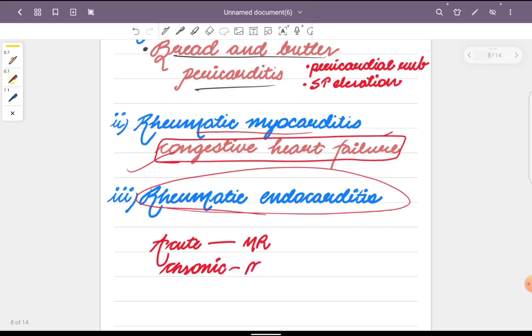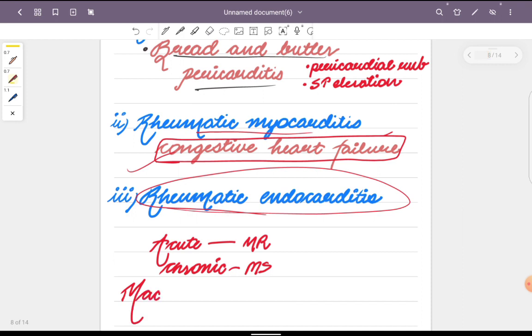The pathology of mitral stenosis is fish mouth or buttonhole stenosis, mitral valve thickening or shortening and thickening of chordae tendineae, which I will show you in the pictures or slides, and rheumatic vegetations. One important thing I will mention here is MacCallum plaques.